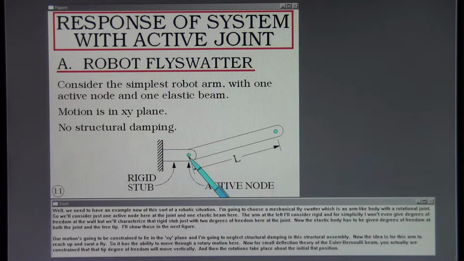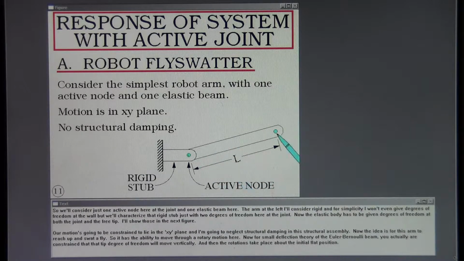The arm at the left I'll consider rigid, and for simplicity I won't even give degrees of freedom at the wall, but we'll characterize that rigid stub just with 2 degrees of freedom here at the joint. Now the elastic body has to be given degrees of freedom at both the joint and the free tip. I'll show those in the next figure.